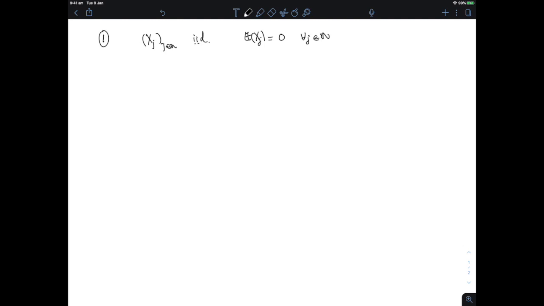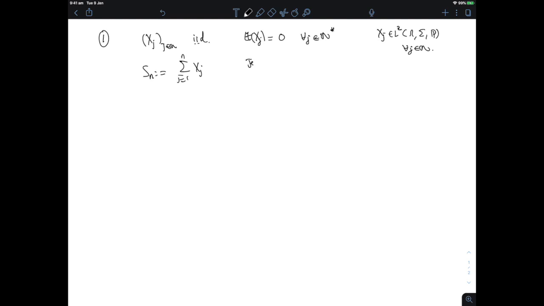And I'm going to assume further that they are all in L2. That's to ensure that I have an L2 martingale. I could also assume that they're all in L1 and I'll get an L1 martingale. Okay, now I'm going to define Sn to be the sum of the xj when j runs between 1 and n.